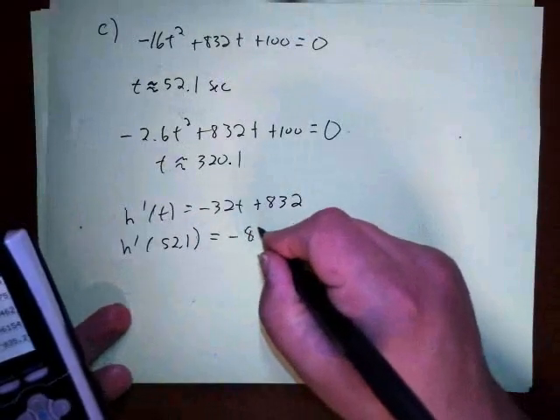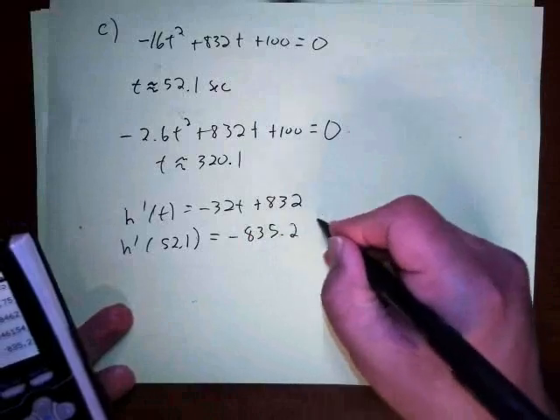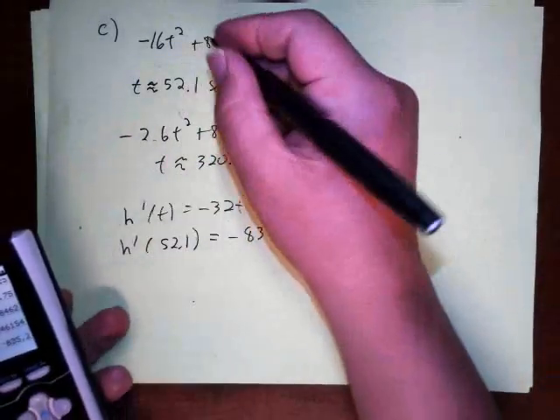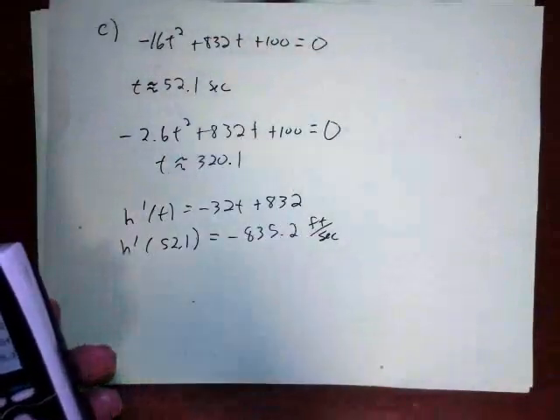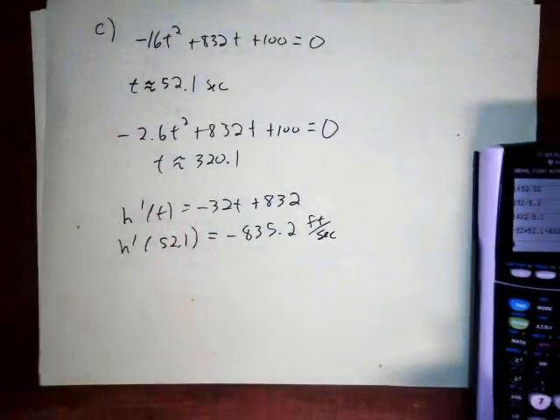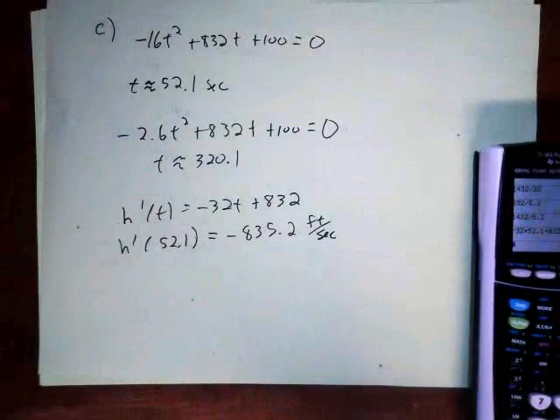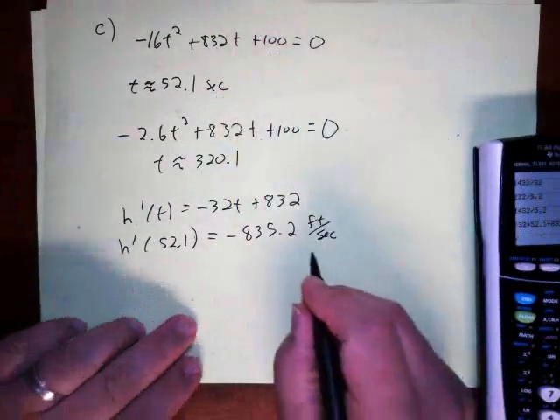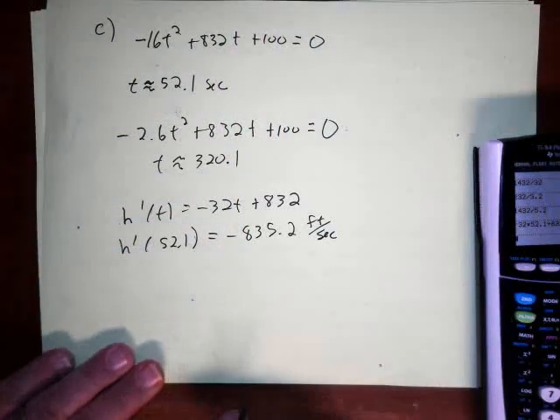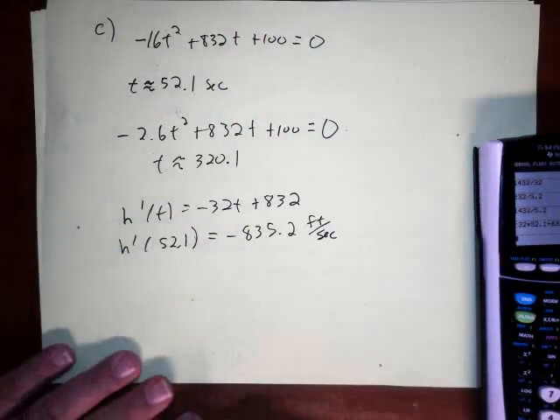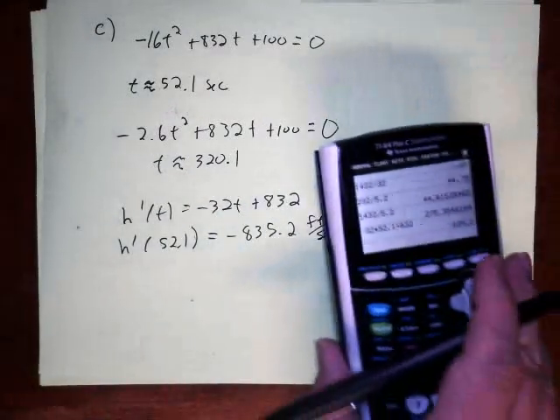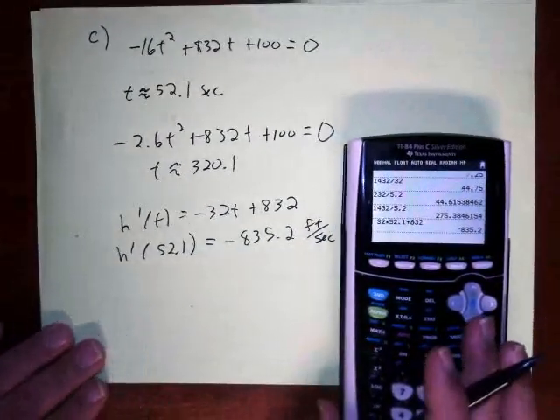And I get negative 835.2 feet per second. So a little bit faster than what it was going when you shot it up, okay? Because it has to go that little bit from the top of the cliff down to the ground. I'm surprised it didn't accelerate more than that, but that's okay. It probably has to do with the numbers.